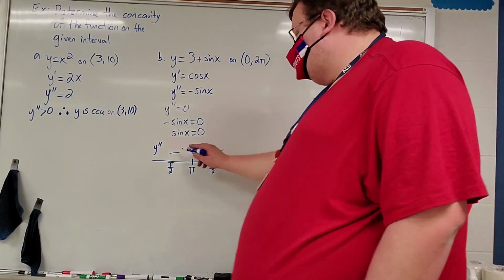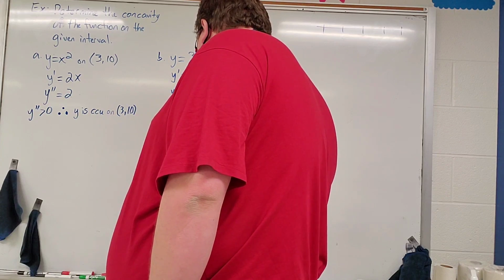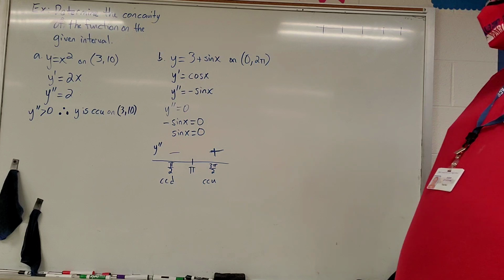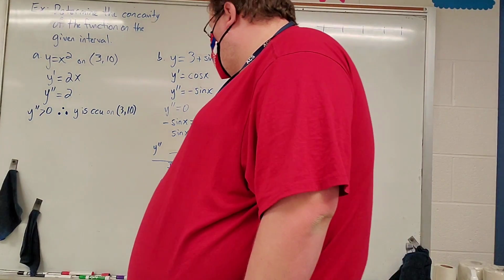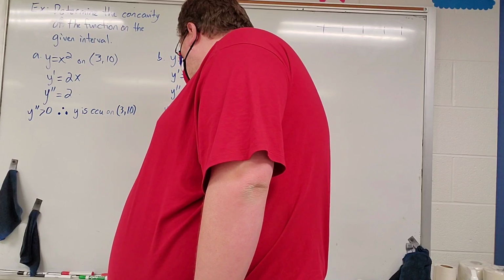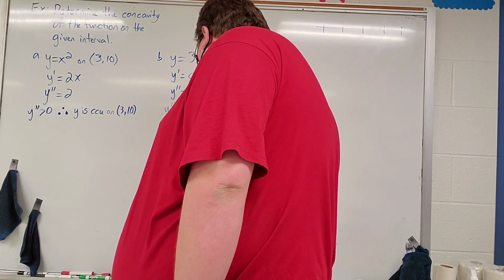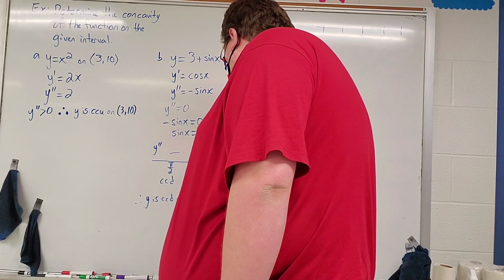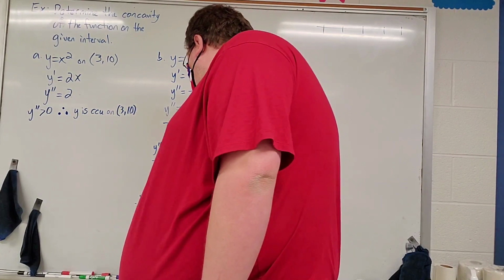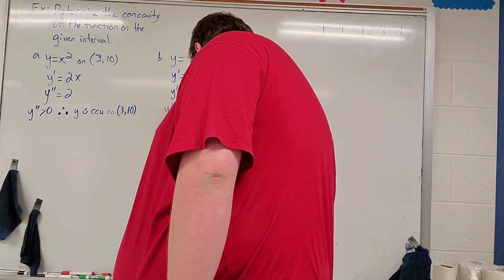negative to positive. This is concave down. This is concave up. So we could say that this function is, therefore, y is concave down on the interval 0 to pi and concave up on the interval pi to 2 pi.